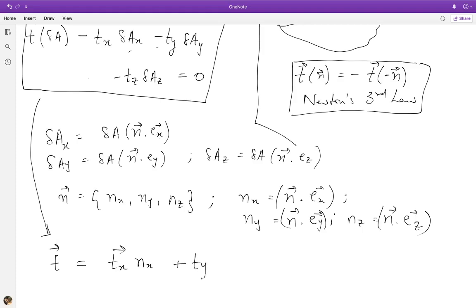So it's tx times nx, ty vector times the ny component plus tz vector times the nz component.